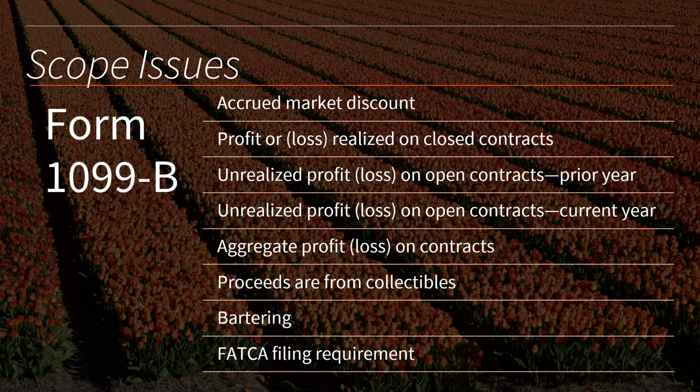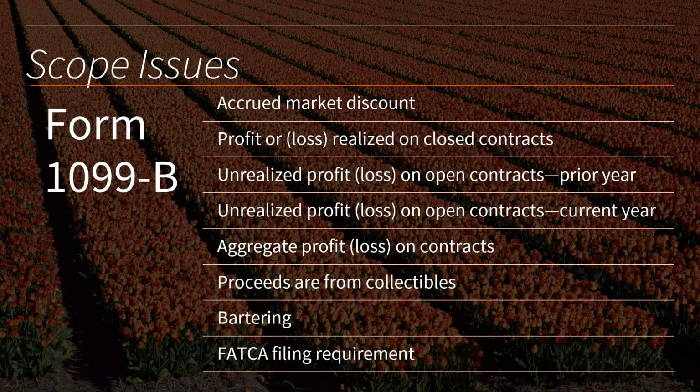And one last slide about scope issues, and these relate specifically to Form 1099-B. So if we have amounts of accrued market discount, profit or loss realized on closed contracts, unrealized profit or loss on open contracts from a prior year or from a current year, or aggregate profit or loss from contracts, proceeds from collectibles, so again, those are property other than stocks or mutual funds, bartering, and if there is a foreign account filing requirement, they call that FATCA.